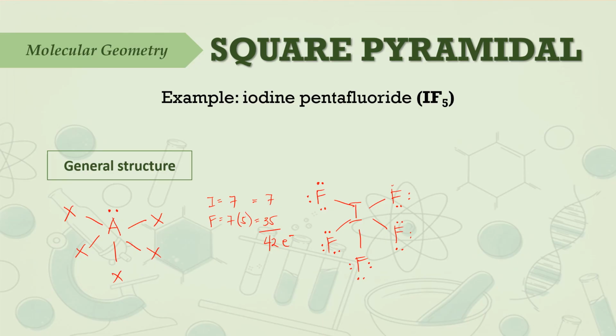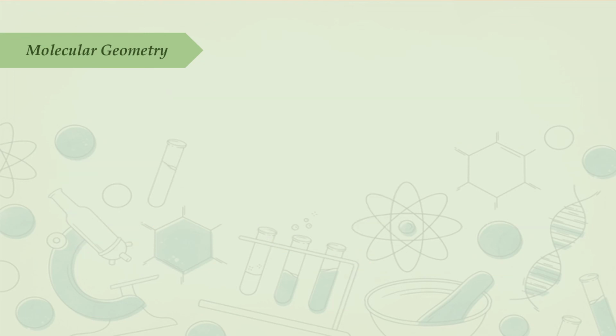And then if you are now going to count, here we have 8, 16, 24, 32, 40. So we still need 2 dots. So that will be at the central atom. Since it has already 42 electrons and the central atom has a lone pair, therefore this molecule is polar. So iodine pentafluoride is a polar molecule.